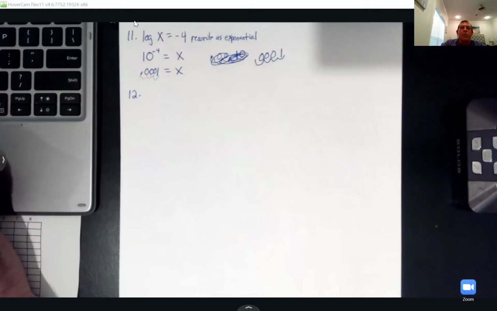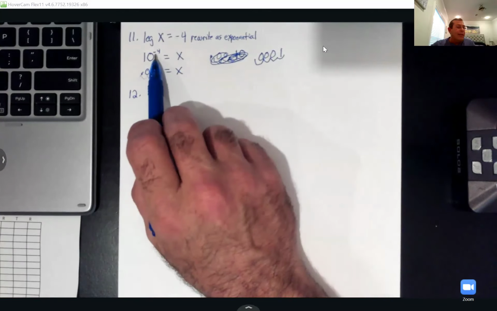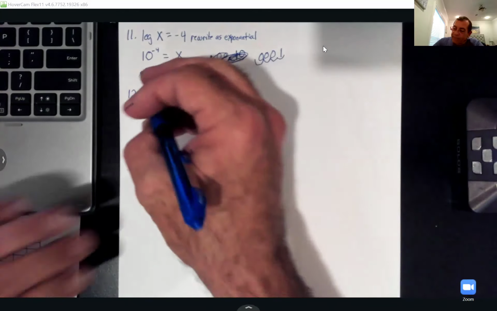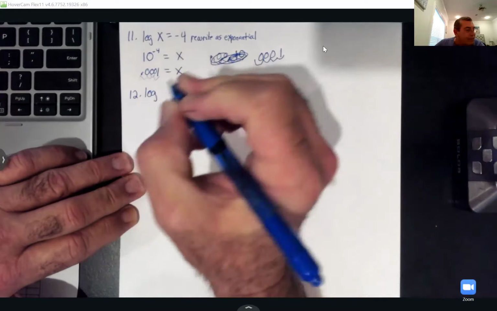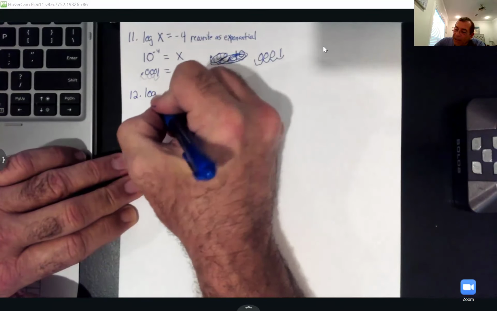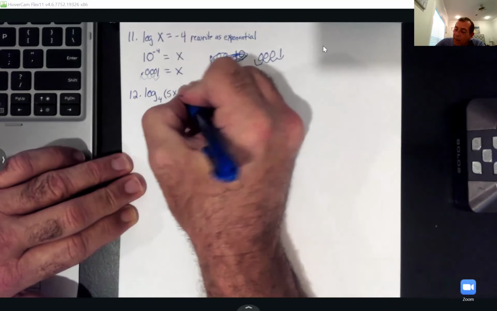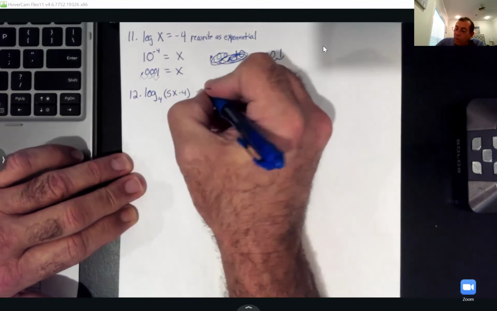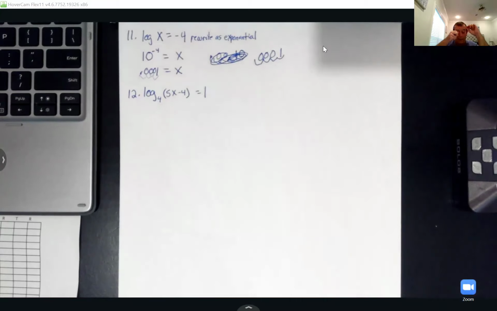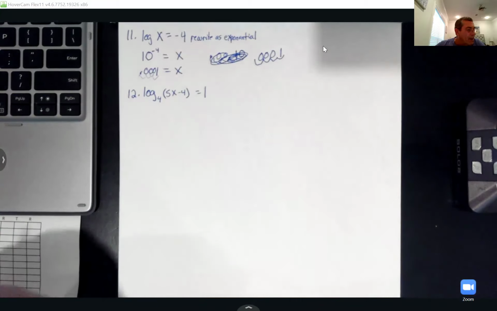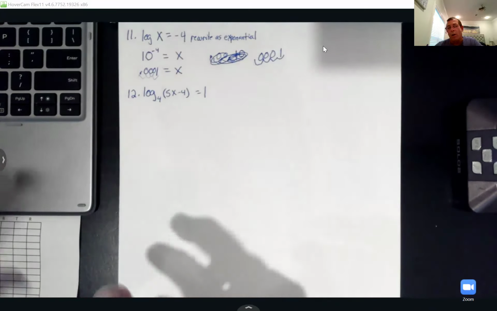All right, y'all. So, whoo, you got to watch MathLab. That's why I would probably have kept it like the 10 to the negative 4th. All right, y'all. Log base 4 of 5x minus 4 equals 1. Now, after this one, they'll start doing more work.